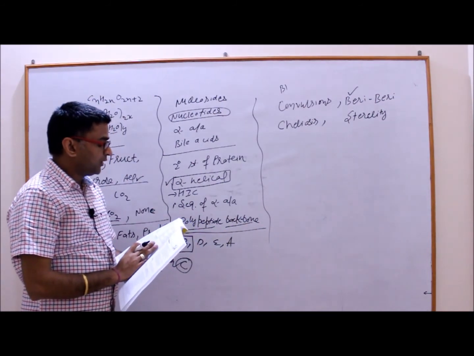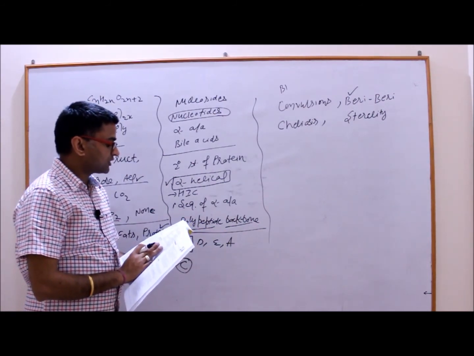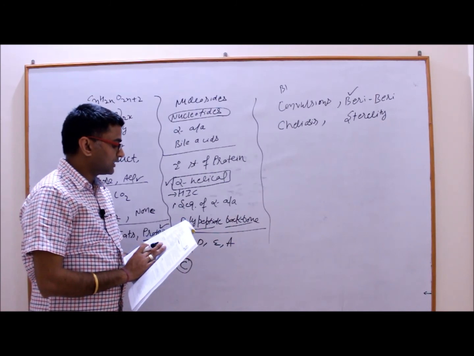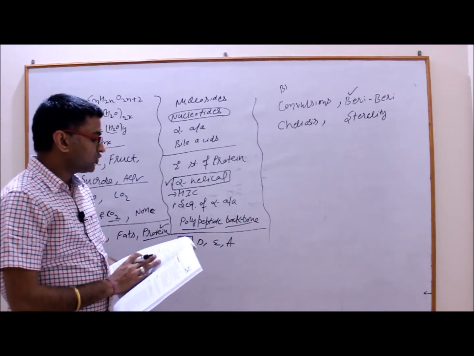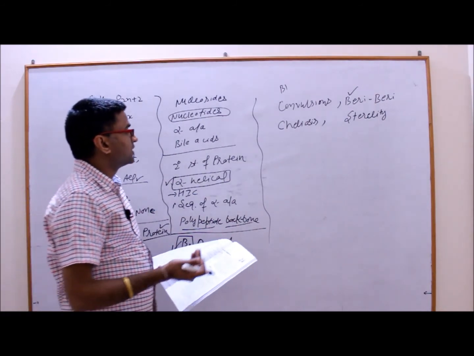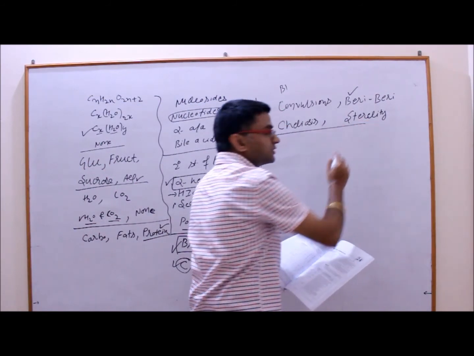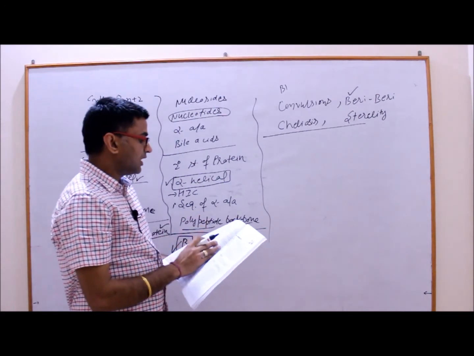Okay, let's see another question. Which hormone is produced under the condition of stress which stimulates glycogenolysis in the liver of humans? So basically, which of the following is a stress hormone? The hormone produced under stress condition is your stress hormone.